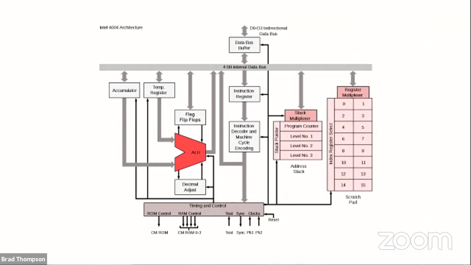So over here, this is the timing and control block, exactly that big generic control block that I drew last week, where it's like, okay, here's the stuff that makes everything else work. We're not going to worry about how exactly it works, but that's what this thing down here is.